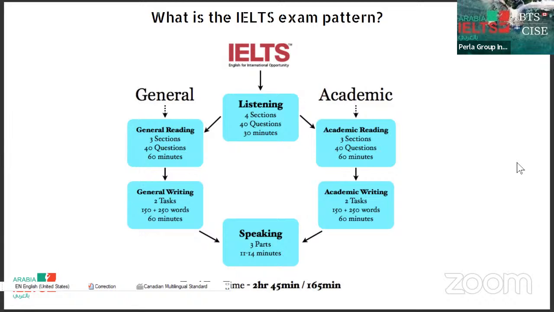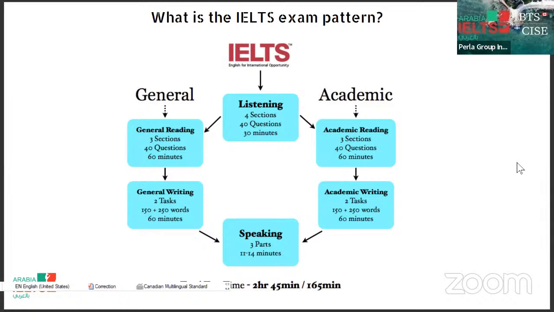It is more about everyday life situations, and the resources they take from, like newspapers, are different from the academic, because the academic goes really with research and more academic resources. Okay.